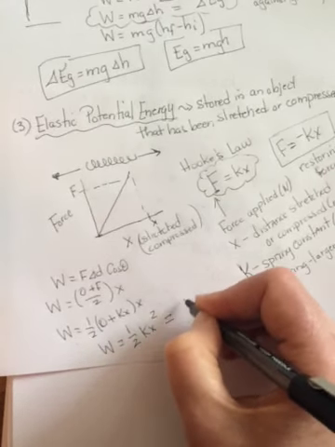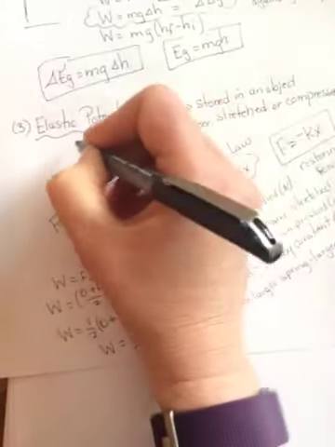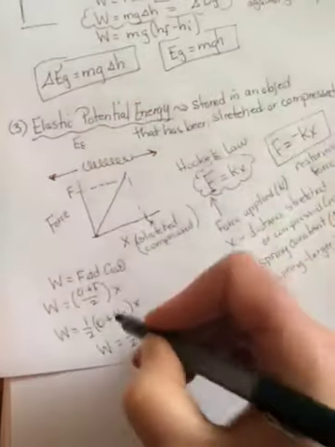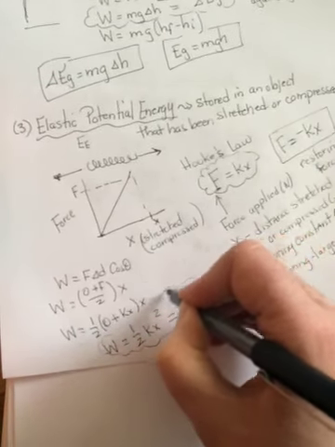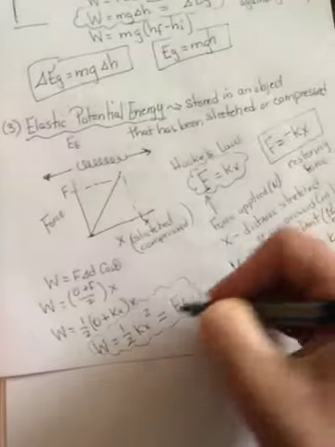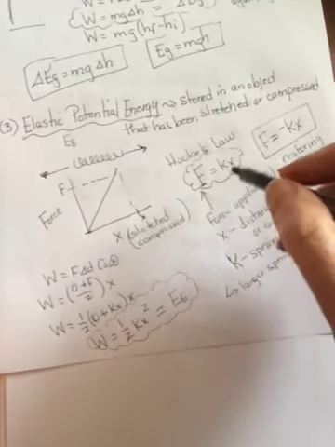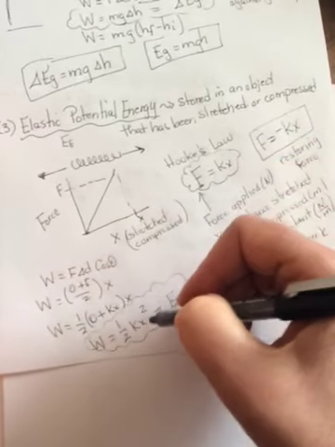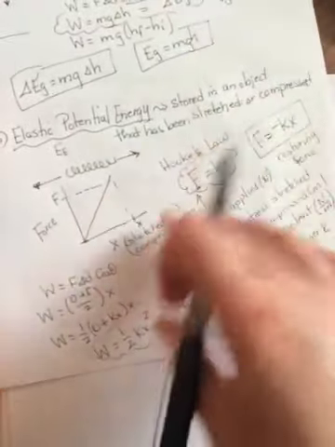And this is what the elastic potential energy is. Elastic potential energy is EE, where just like for the gravitational, the initial term will be 0. So the elastic potential energy is 1/2 kx squared. Sometimes you might have to use F equals kx to get the k to fill it in here. Okay, so that's elastic potential energy.